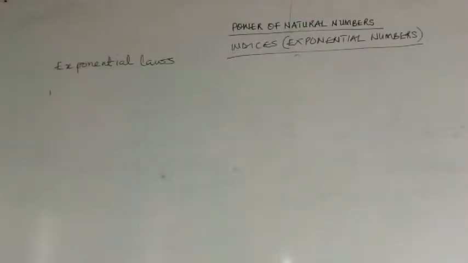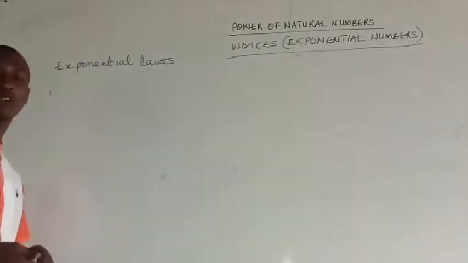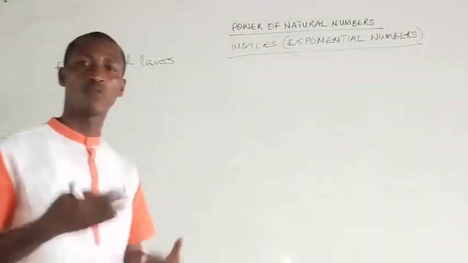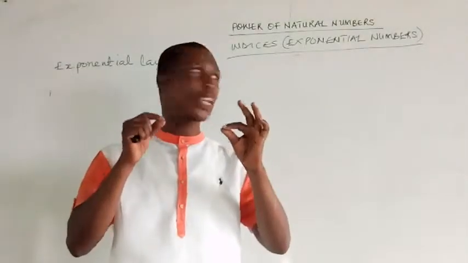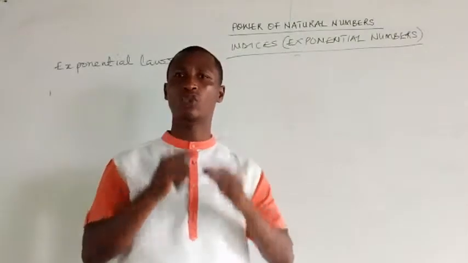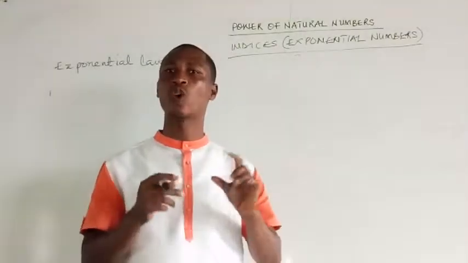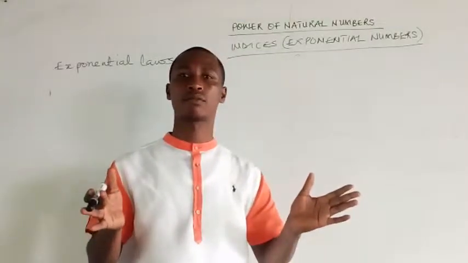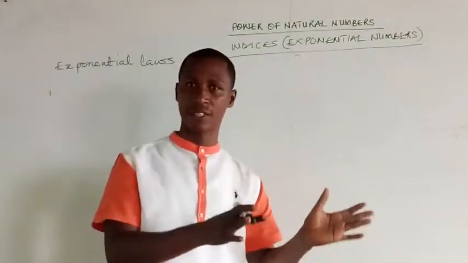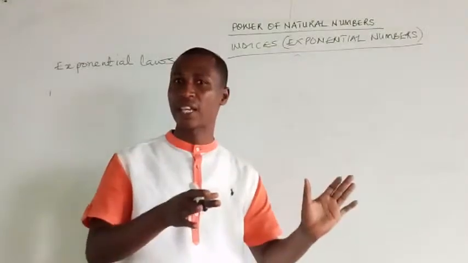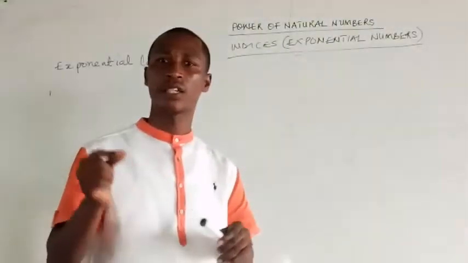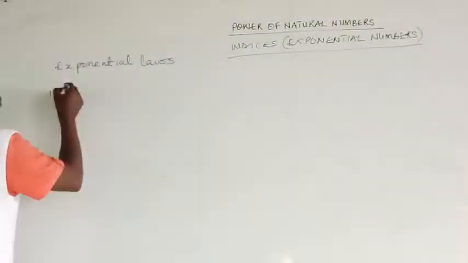So let us look at the exponential laws. Let us look at the first law of exponents. The first law says that when you are multiplying two variables, if the bases happen to be the same, you add the exponents. When you are multiplying two figures, variables or numbers, if they have equal base, you multiply and you add the exponents.